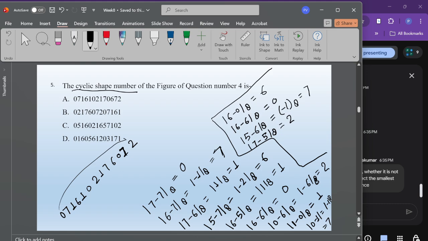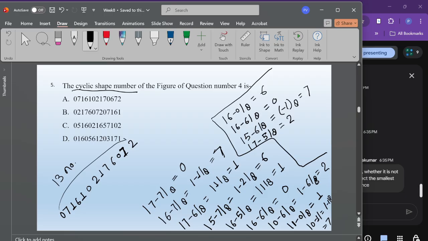How many numbers are there in total? There are 13 numbers, so the possible cyclic shifts would be 13. For every shift we shift each digit to the back side and check which number is the smallest, and check in the options.